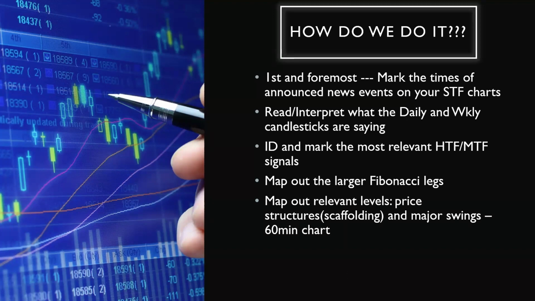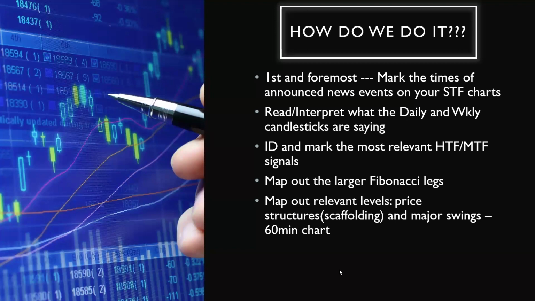And then I want to map out relevant levels, right? Once we get some context from the higher time frames, once we see what the monthly, the weekly, the daily candlesticks are telling us, maybe what some signals might be saying on those higher time frames, now I want to start to map out relevant levels in the market that could end up becoming contention for the bulls or the bears, depending on which direction price starts to move.